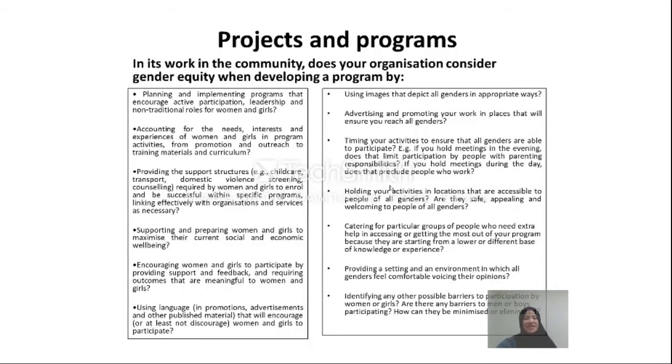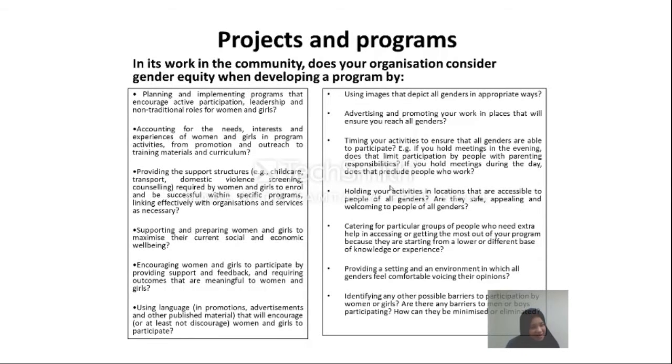And fifth, encouraging women and girls to participate by providing support and feedback and requiring outcomes that are meaningful to women and girls. Six, using language in promotions, advertisements, and other published materials that will encourage or at least not discourage women and girls to participate.